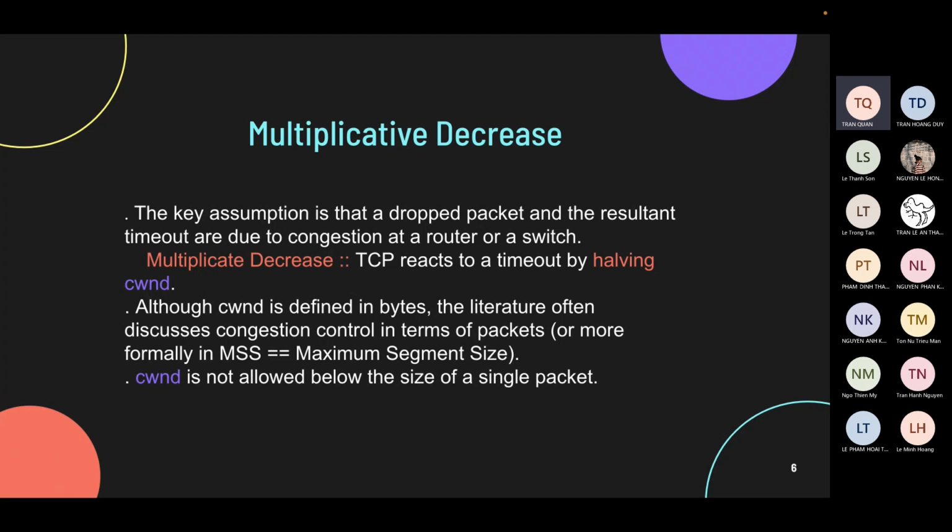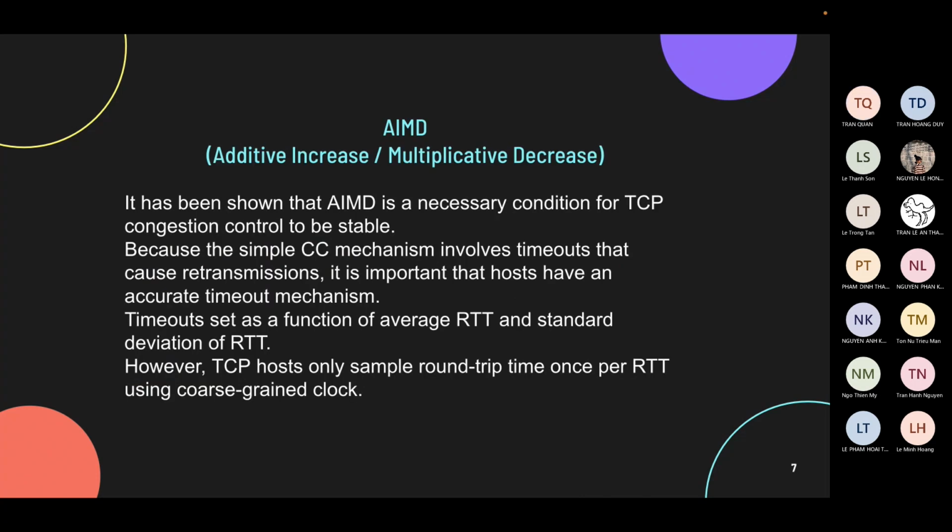CWND is defined in packets by the lecturers, who often discuss congestion control in terms of packets, or more formally in MSS, the maximum segment size. CWND is not allowed below the size of a single packet.